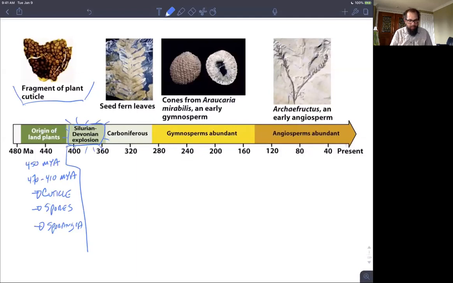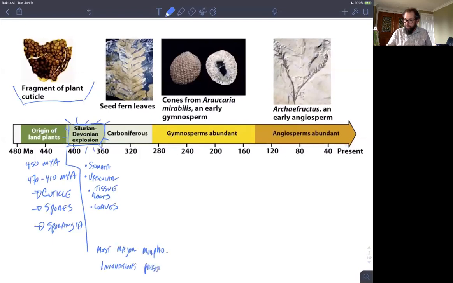What I mean by that is that most major morphological innovations, which would include things like stomata, these are pores that allow plants to have gas exchange, vascular tissue that allows plants to get larger and to move water and nutrients throughout the plant, roots, leaves, things that we're already familiar with, all of these major morphological innovations are present or arise during the Silurian-Devonian explosion.